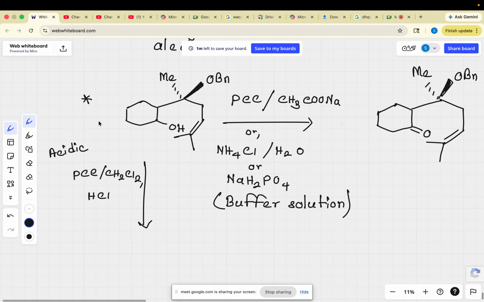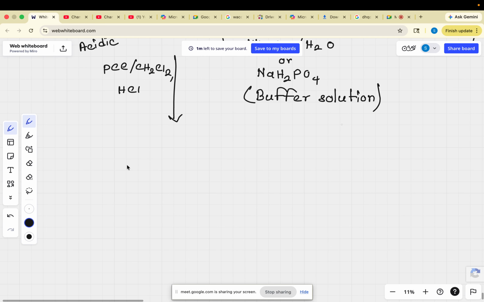First of all, in the presence of PCC, the secondary alcohol will convert to your ketone compound. First of all, there is no change. This is what you are getting.